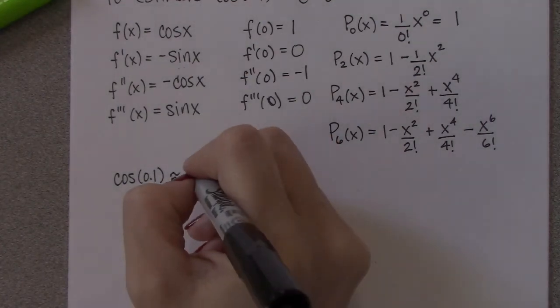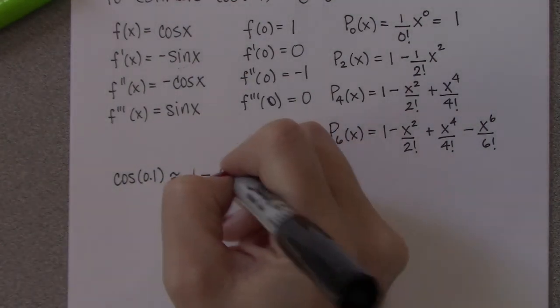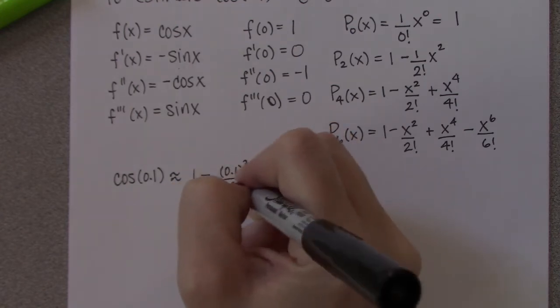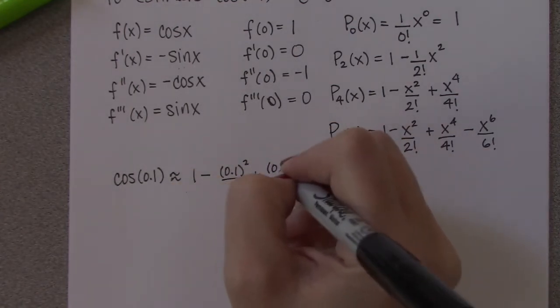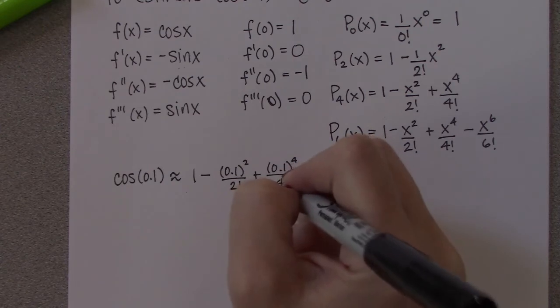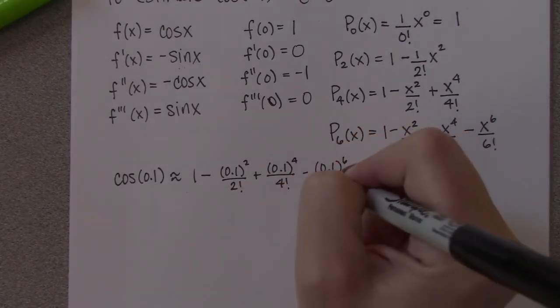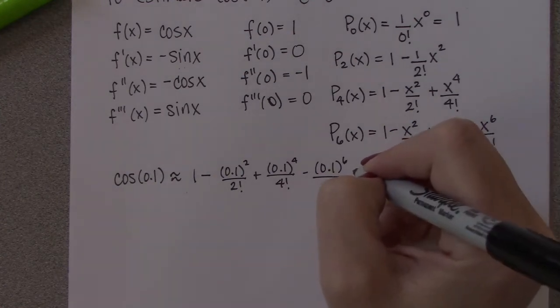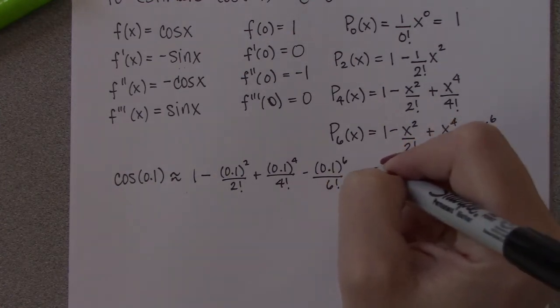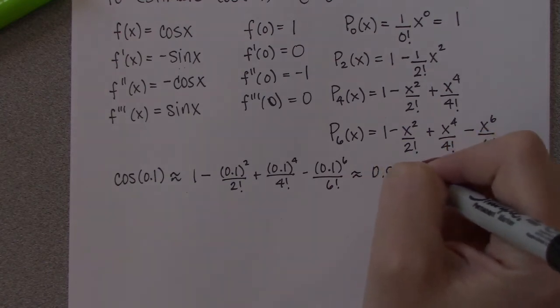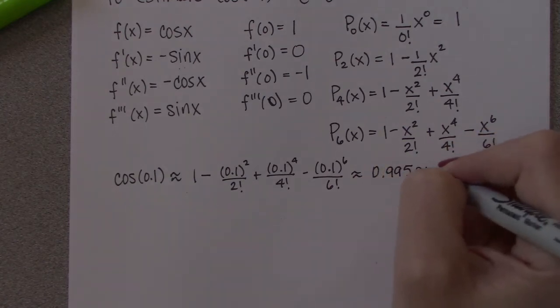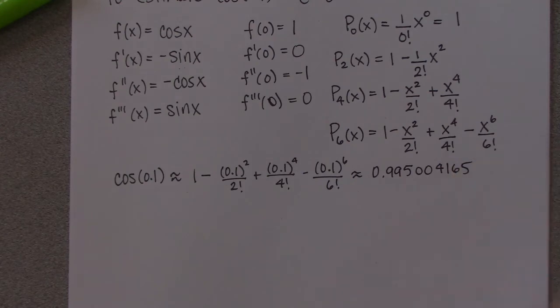So it is approximately 1 minus 0.1 squared over 2 factorial plus 0.1 to the 4th over 4 factorial minus 0.1 to the 6th over 6 factorial, and that works out to be 0.995004165.